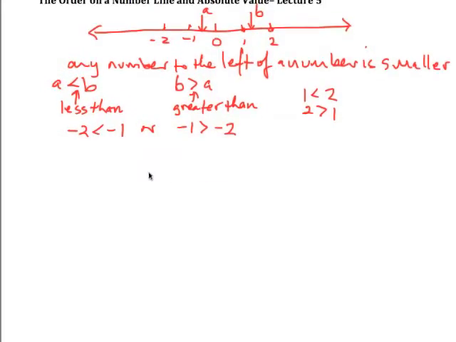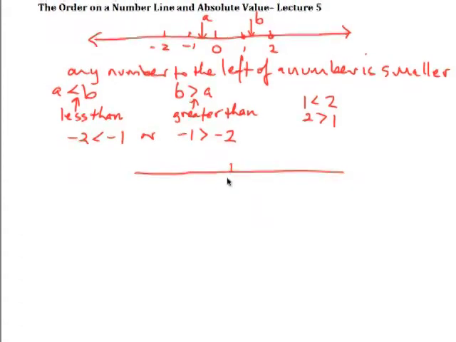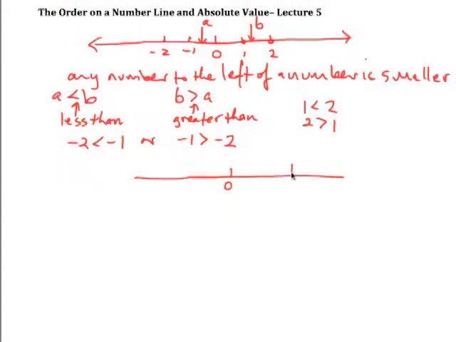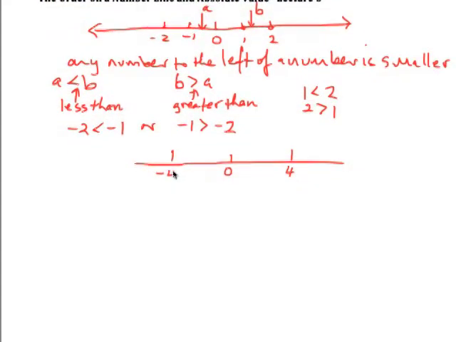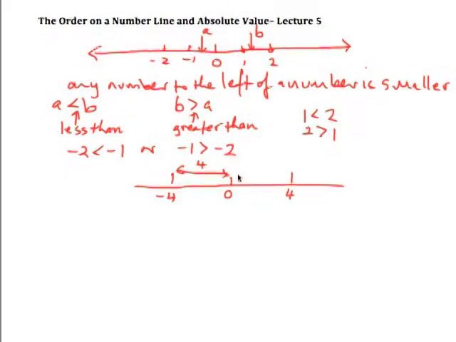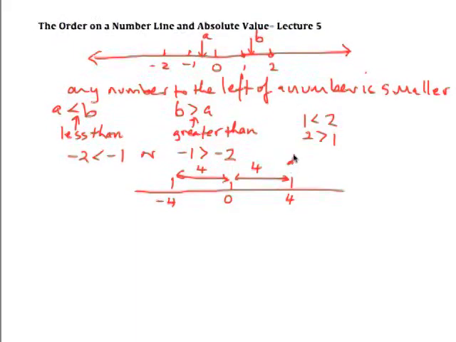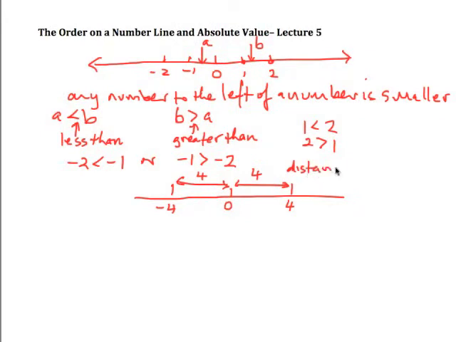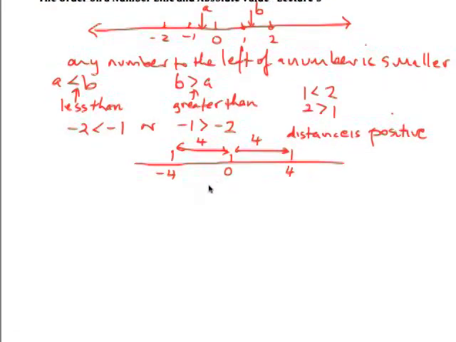Now another thing about the number line is that we can measure things from 0. For example, let's suppose this is the number 4 and this is the number negative 4. Then these are both a distance of 4 from 0. So distance is positive. It's how far 4 is from 0.